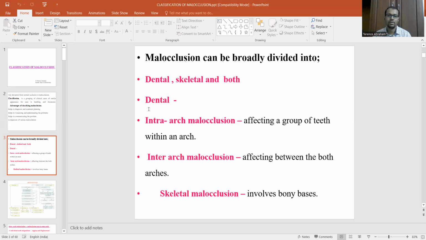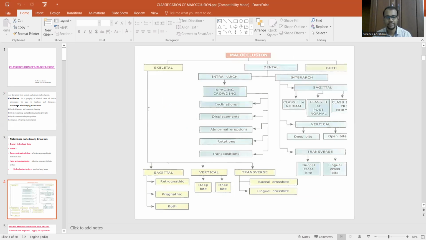What is skeletal malocclusion? Skeletal malocclusion means malocclusion which involves various bones, mainly the maxilla and mandible in our case. In this flowchart, we can easily memorize the various classifications of malocclusion: skeletal, dental, and both.